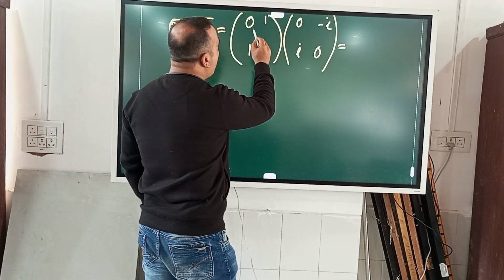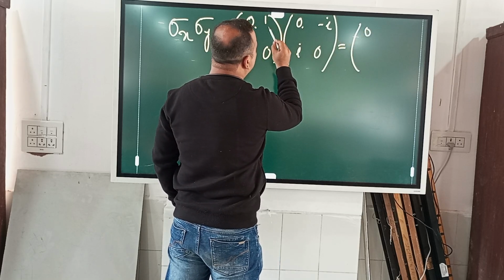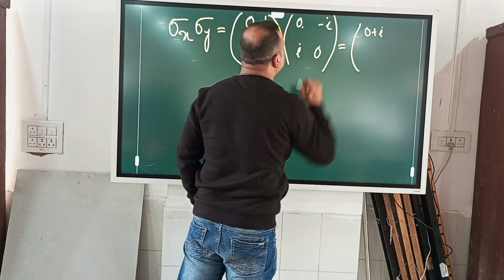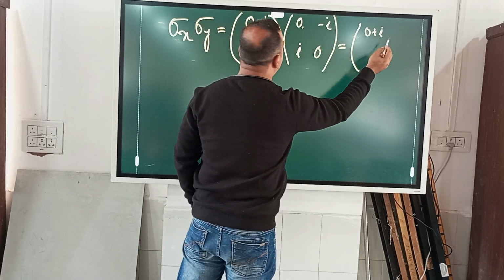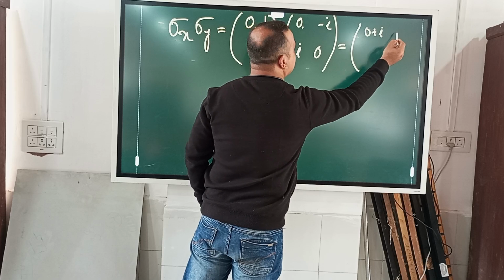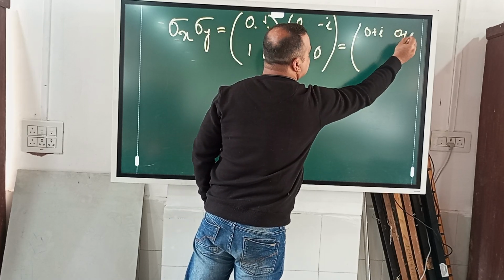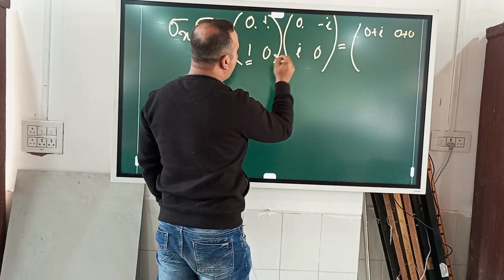So here I'll have 0. So this will give me 0 and this will give me i. So this is 0 plus i, and this will give me 0, and this will give me 0. So this is 0 plus 0, and this will give me 0 and 0.